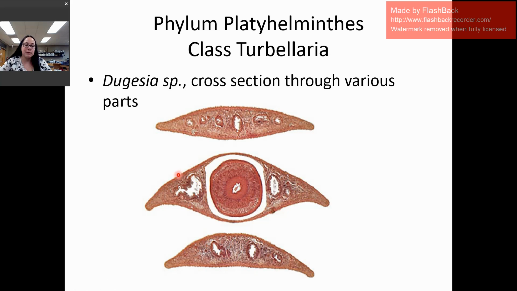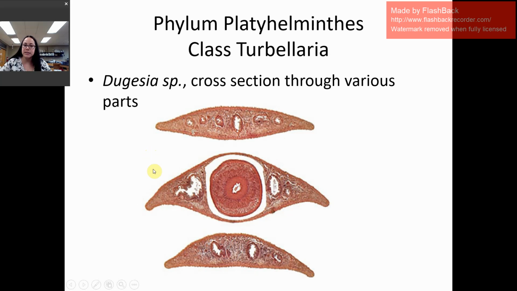Okay, toward the outside, you have the epidermis of the worm all over here. And then those structures that you see here on that side, over here as well, and on the other cross-section where I'm pointing right now, same for the bottom section, those are branches of the gastrovascular cavity.